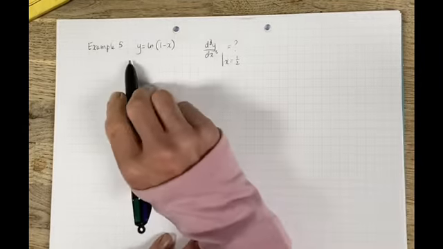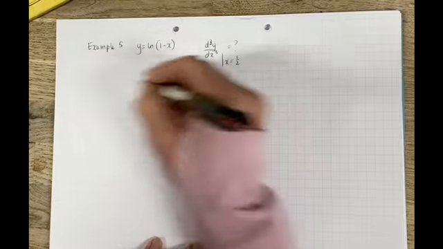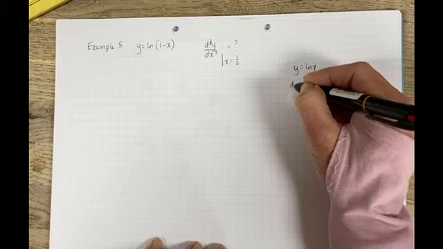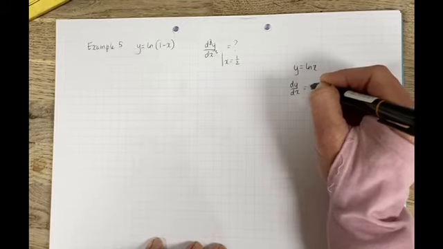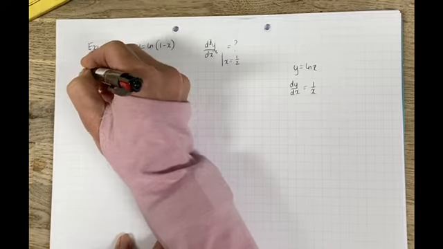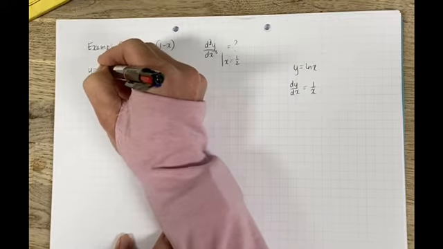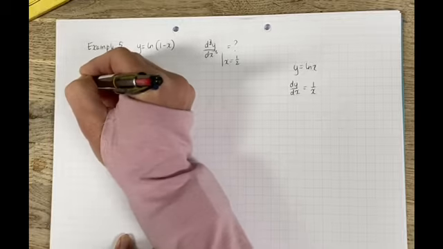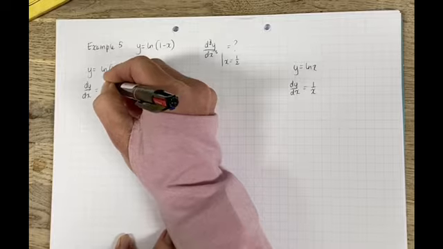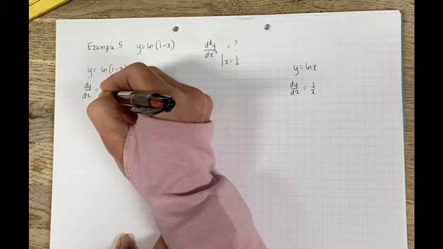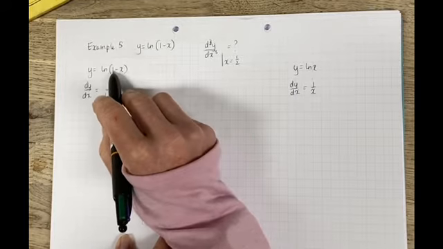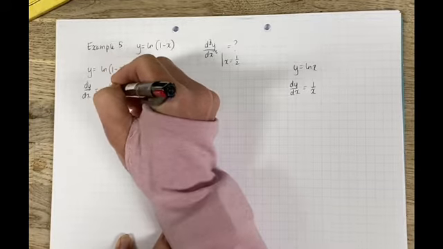Okay, remember y equals ln x. When you differentiate ln x, you get 1 over x. So if you've got y equals ln of 1 minus x, then dy/dx is going to be 1 over 1 minus x, but then you need to multiply by the derivative of the bracket, which happens to be minus 1.